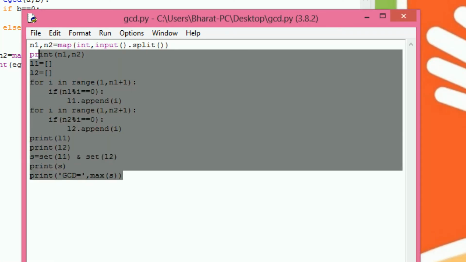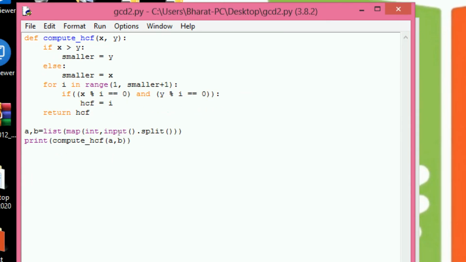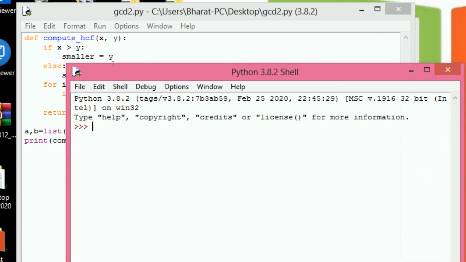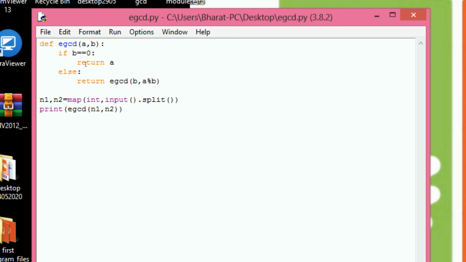This is the longest procedure to find the GCD. The next is similar to the previous program; HCF and GCD are both the same, with values 12, 14 and output 2. Here we are using the Euclidean algorithm to find the GCD value.